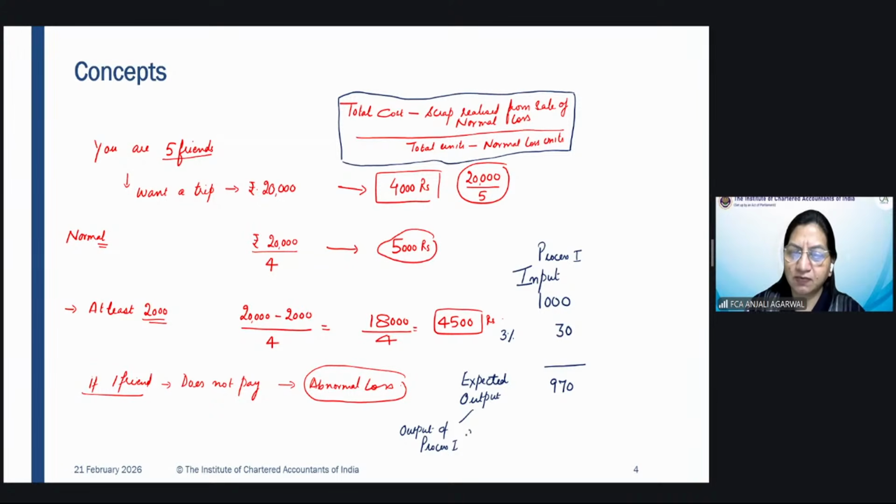Output of process 1 comes out to be 925, which means it is less than what it should be by 45 units. So here 45 becomes abnormal loss. But if the actual output of process 1 comes out to be 975, it is slightly more than what was expected. 975 is more than 970. The difference is 5. This 5 becomes abnormal gain or effective.